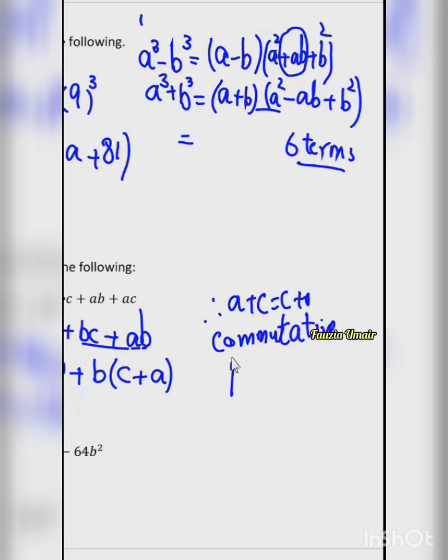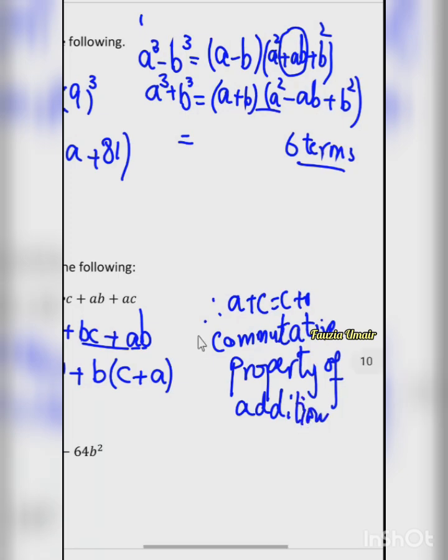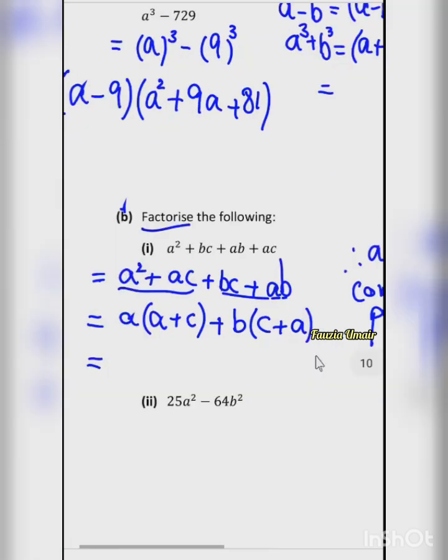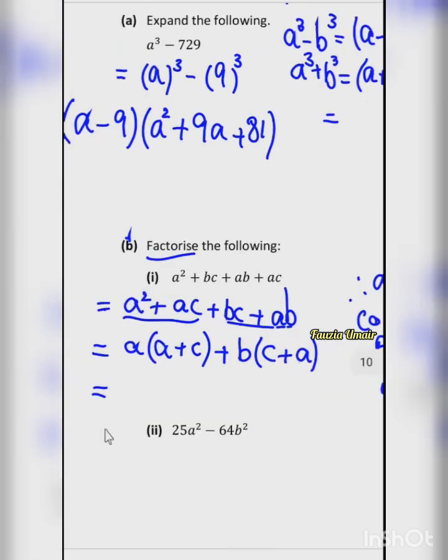Commutative property of addition. Commutative property is for addition and multiplication. This is the reason why, in addition, order does not matter.